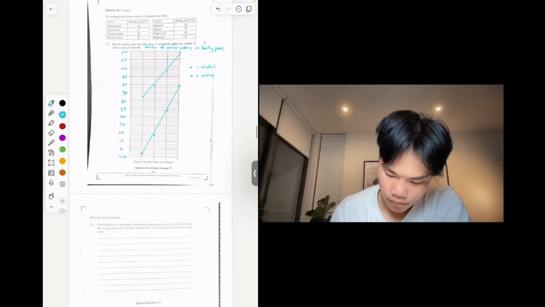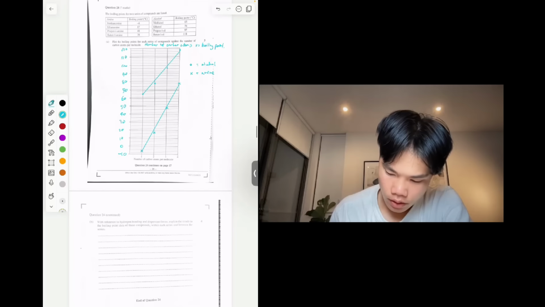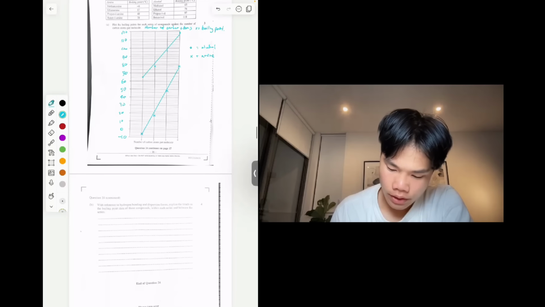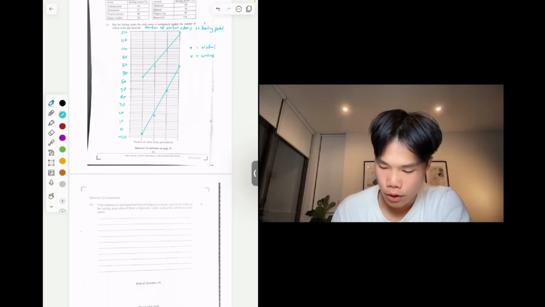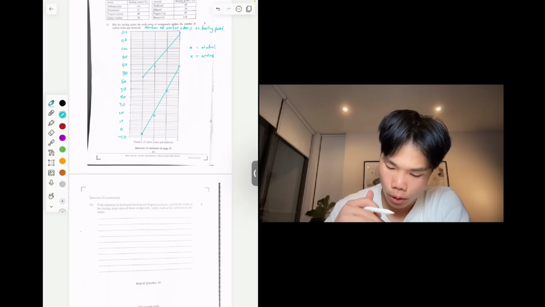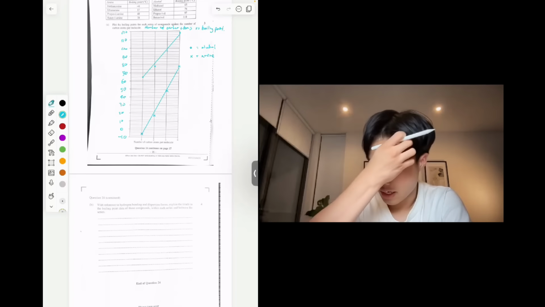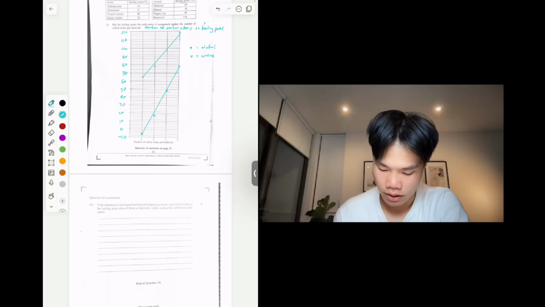Okay, so as I always suggest, best responses will actually start with the lower boiling point substance and go up. This is of course not essential, but I think it's a time-saving tool.